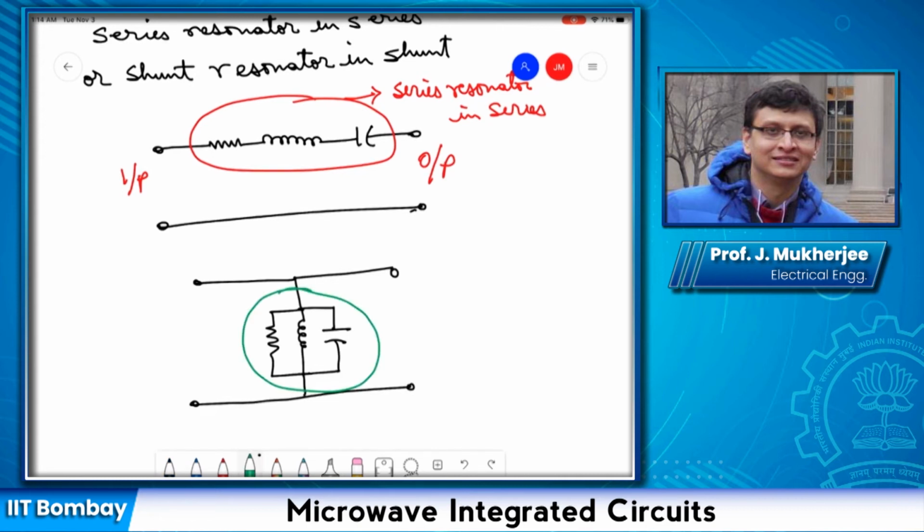This is a shunt resonator in shunt. So both these are examples of band pass.